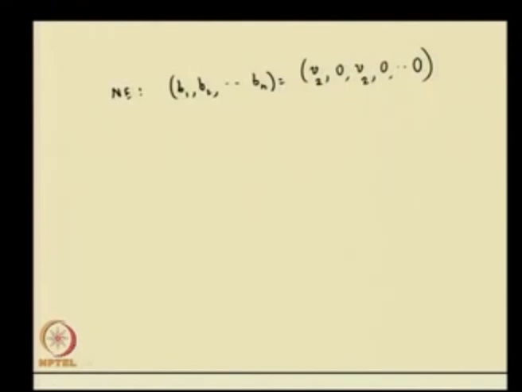Here what is happening is that player 1 will again get the object, and his payoff will be V1 minus V2, which is positive. So, he is now getting a positive payoff.